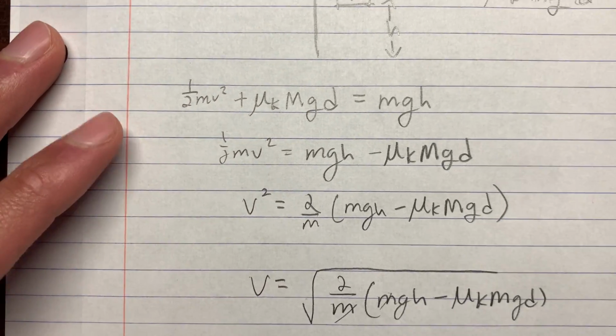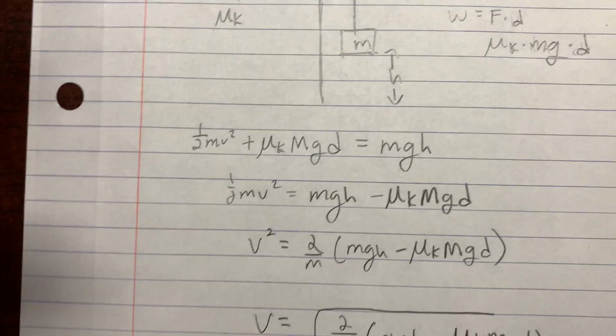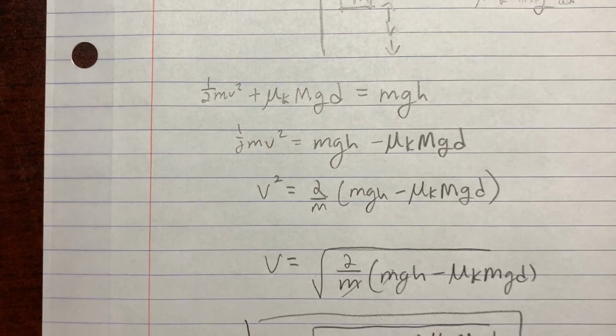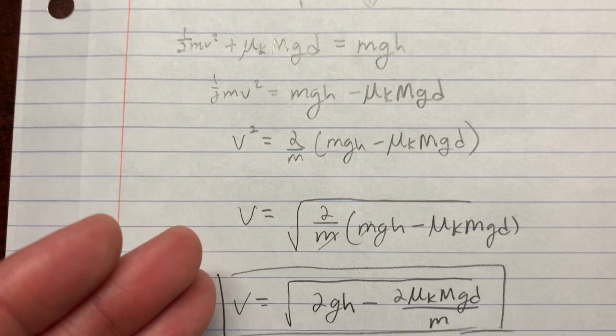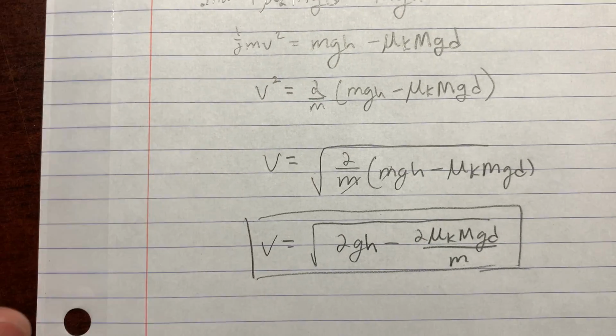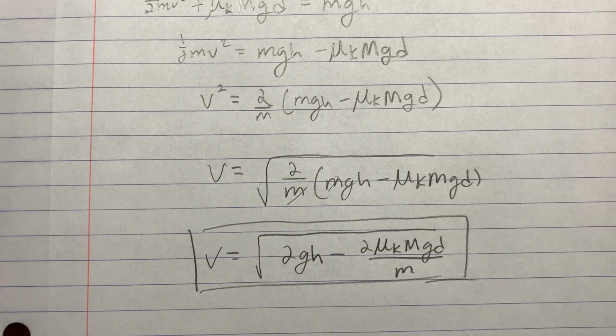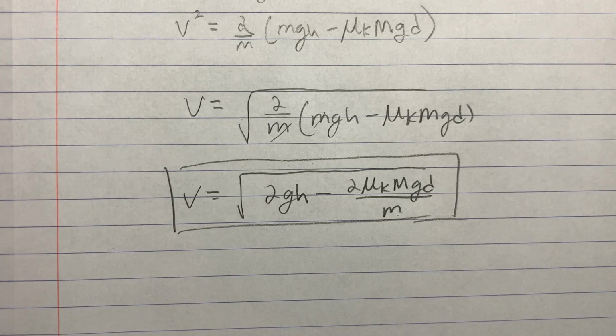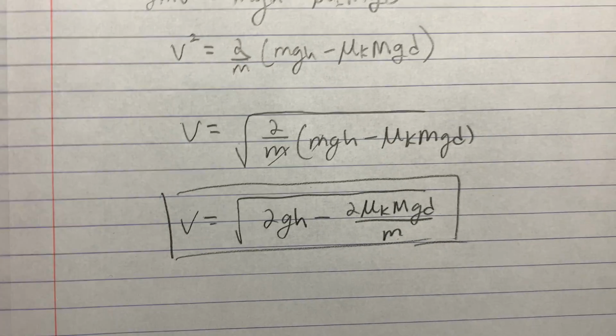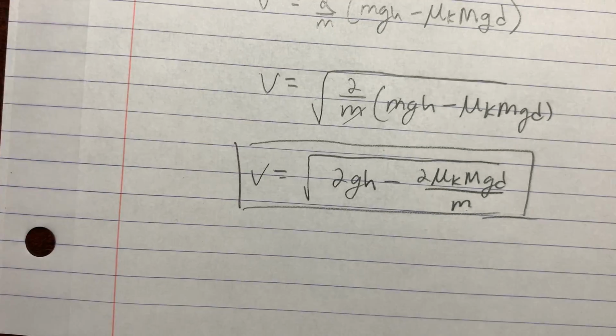And so what you would do is solve for v, or velocity, and do all the calculations, and you would get v is equal to the square root of 2gh minus 2 times the coefficient of kinetic friction times big M times gravity times distance over small m.